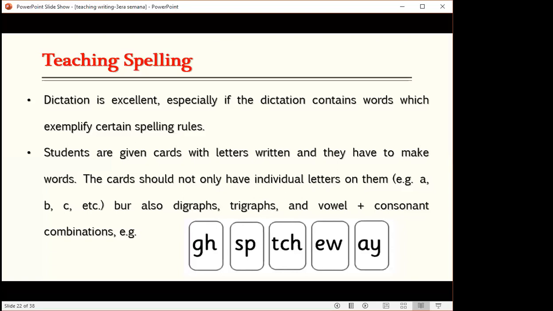I'd say, okay, I'm going to give you these cards. The group which makes the most words is the winner. And they start combining, yeah, these letters, okay, this is the word. They have a competition, they have fun, and they are practicing the spelling.